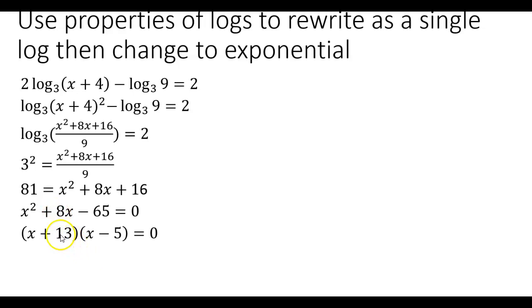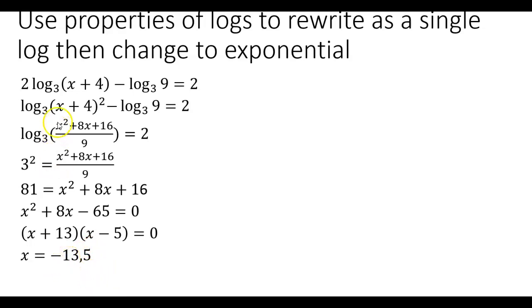And that's going to be 13 and negative 5, because 13 times negative 5 is equal to negative 65, and 13 plus a negative 5 is equal to positive 8. That means we have the solutions of negative 13 and 5, which hopefully your little bells are going off saying, oh wait, don't we need to check these? Yes, we do.